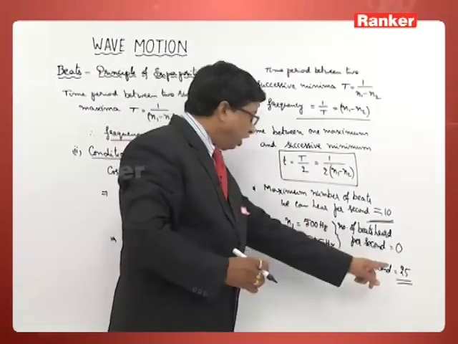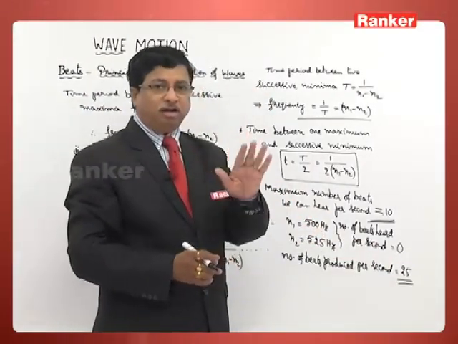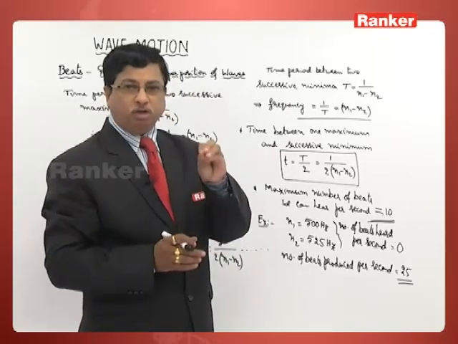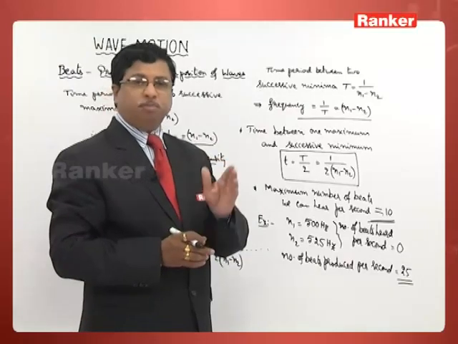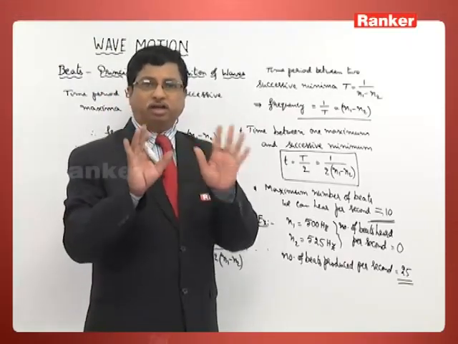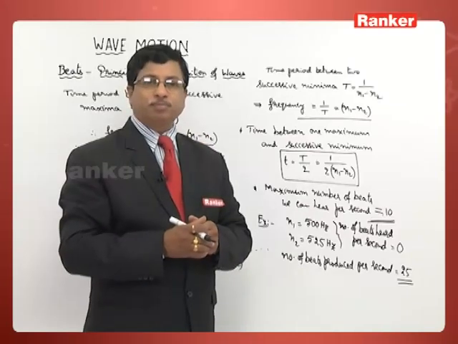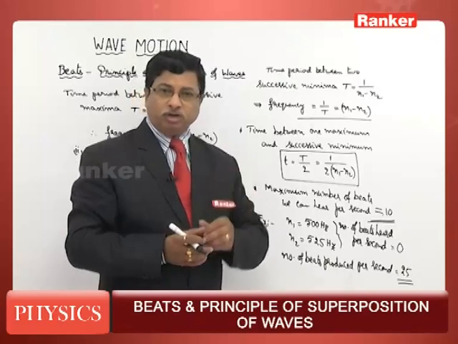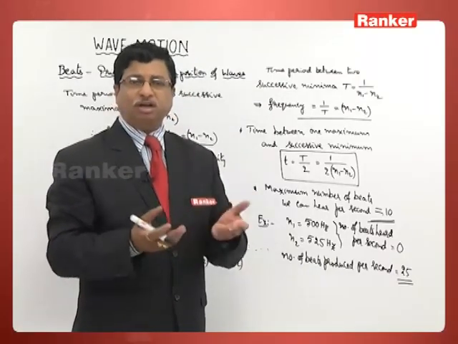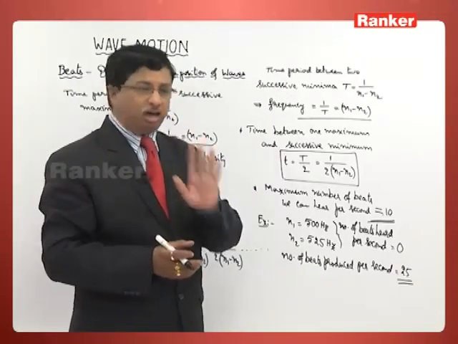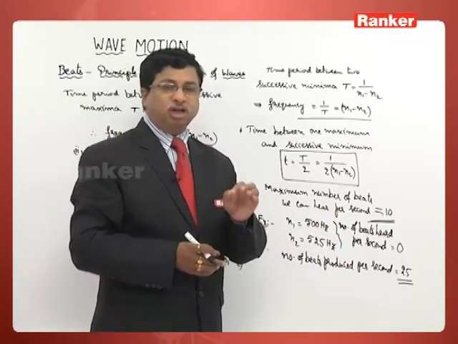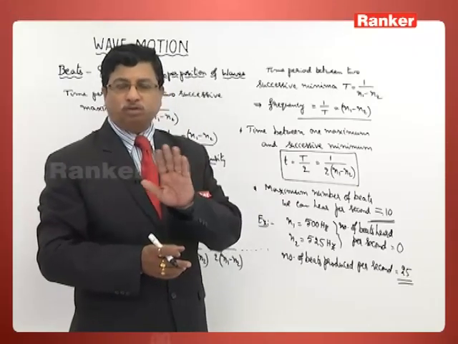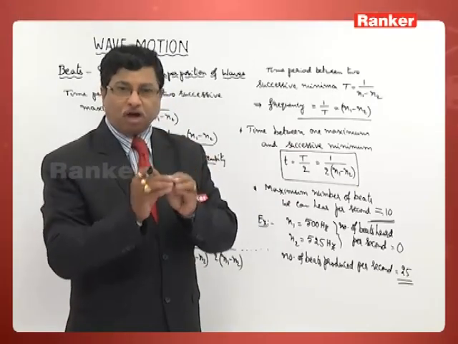You should not say that out of 25, I can hear 10. No one can hear like that. Out of 25 beats produced in 1 second, if a person says I can hear only 10, which 10 is he hearing? Is it 1 to 10, or 11 to 20, or 15 to 25? There is nothing like that. Either you can hear all 25, or there is no question of hearing 10 out of 25.